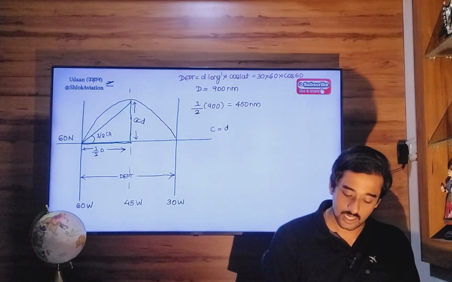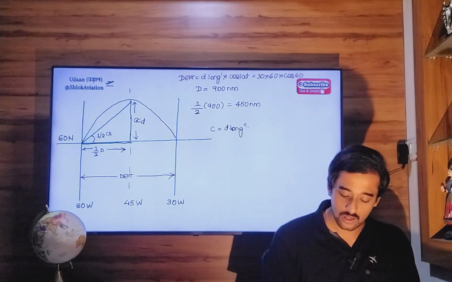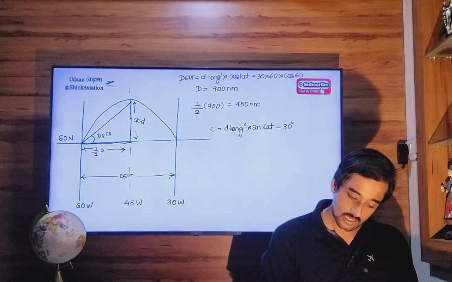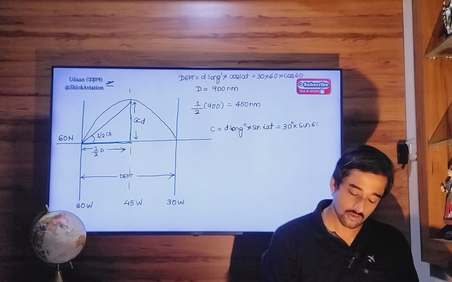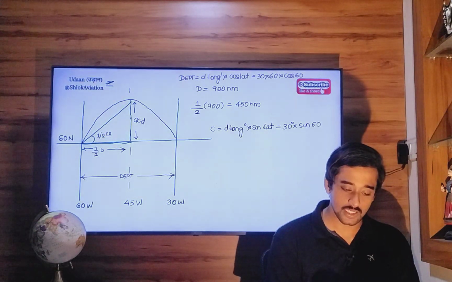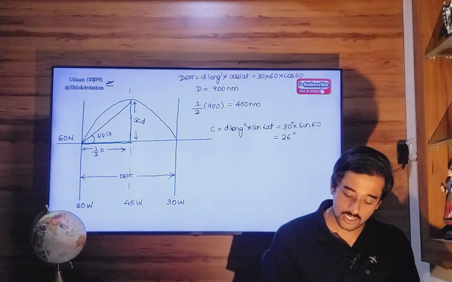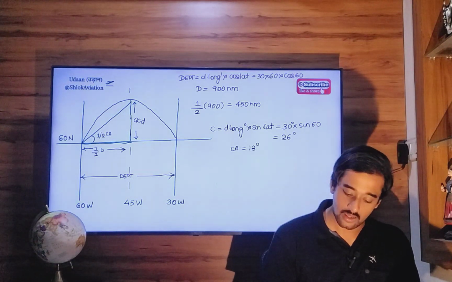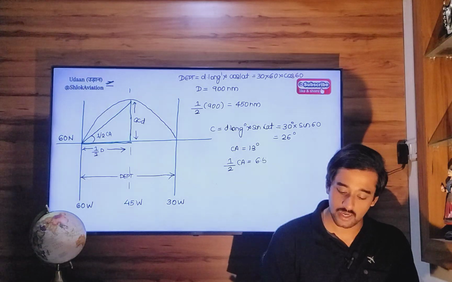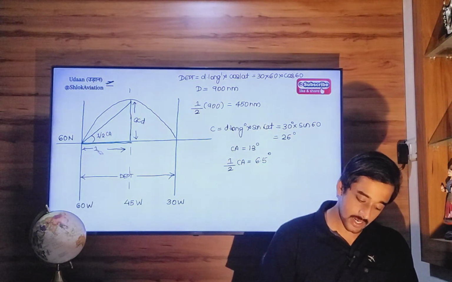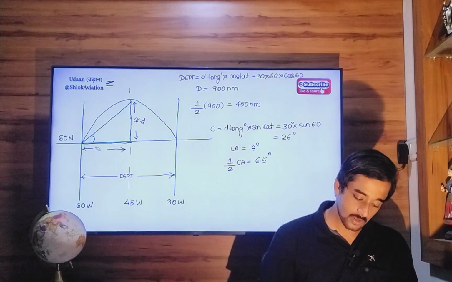Convergence is d long in degrees into sine of latitude. D long is 30 degrees, sine of 60. 30 into sine 60 is 26 degrees. Convergence angle is 13 degree. Half of that will be equal to 6.5 degrees. So let's label the diagram.